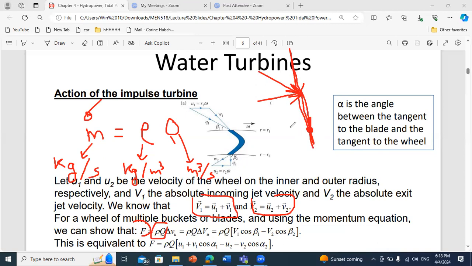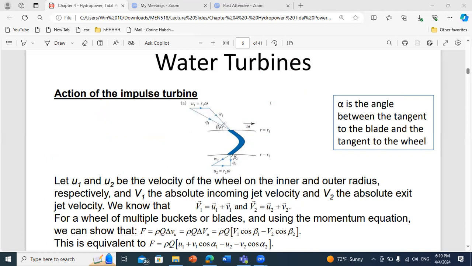So the useful component for you will be the tangential force. That's why here, when we compute the force, we'll find V tangential because this is the one that will produce rotational effect. And if we look at our figure, the total velocity is not tangent to the wheel.